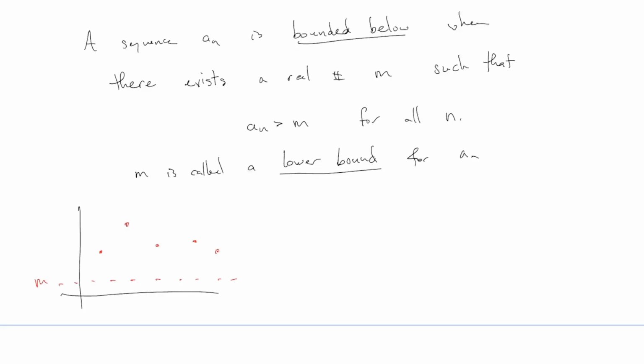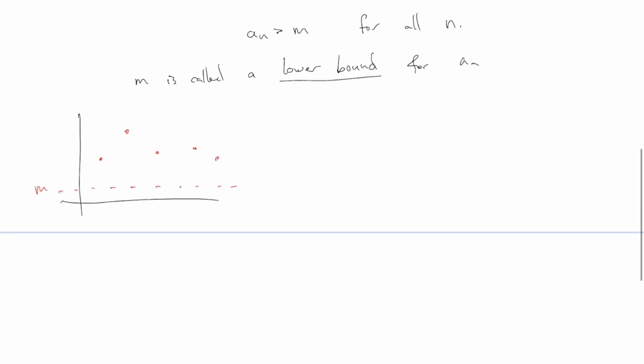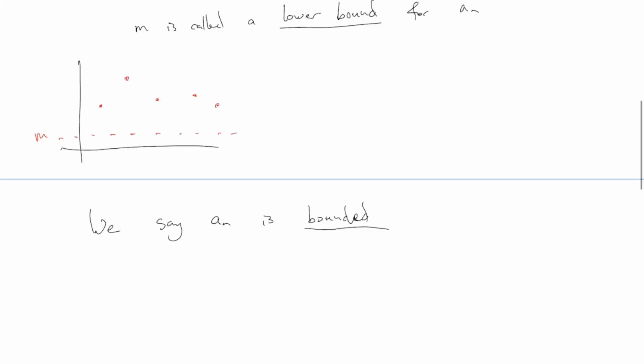All right, and when I just say the word bounded overall, so we sometimes talk about bounded above, sometimes we talk about bounded below. If I just say a sequence is bounded, that means both. So if it's bounded above and also bounded below, then we just call it bounded. We say a_n is bounded, just without saying above or below.